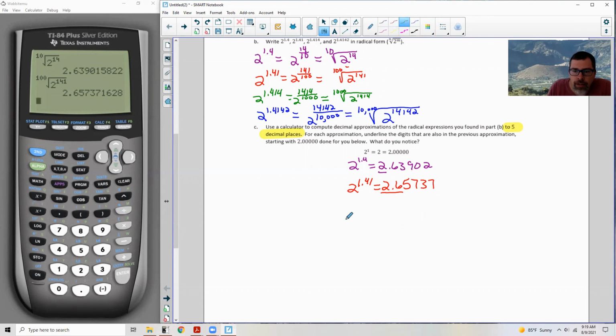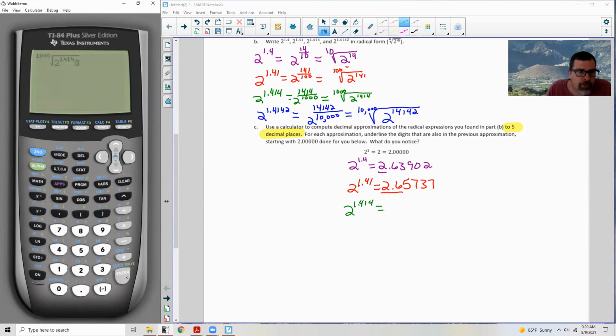So now 2.6 matches 2.6, but the 3 now became a 5. All right, and now we do 2 to the 1.414 equals, and that is the 1,000th root of, so I'm going to put 1,000 math 5, 2 to the power of 1,414. Enter.